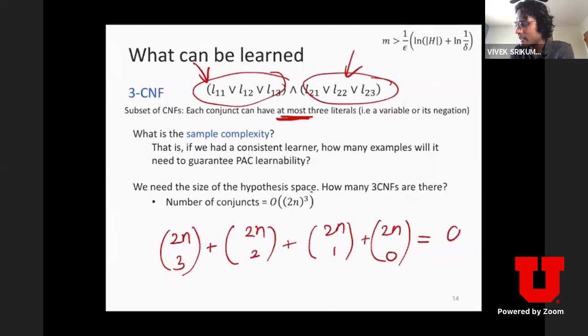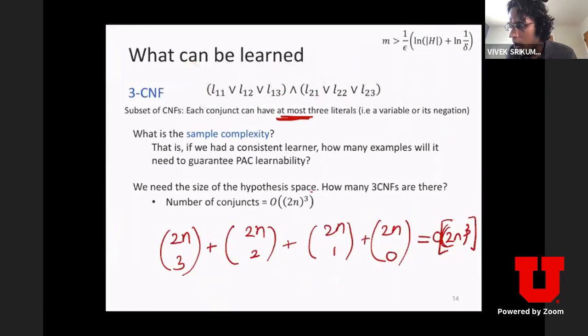All of these are really order of 2n cubed, which is the number of conjuncts. So far, all we have done is talk about how many of these kinds of objects exist.